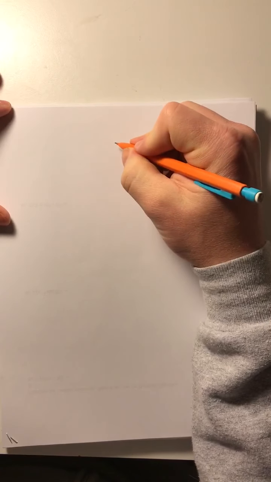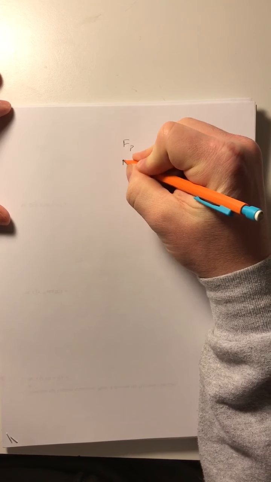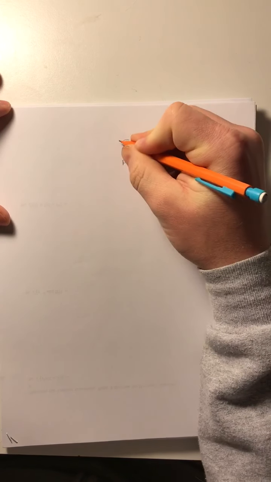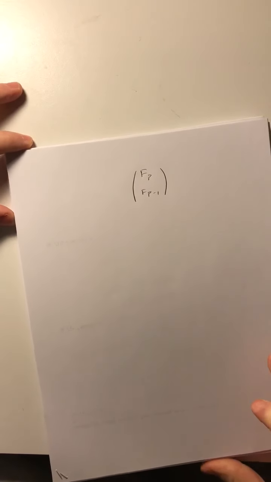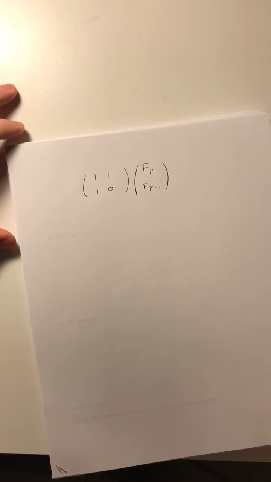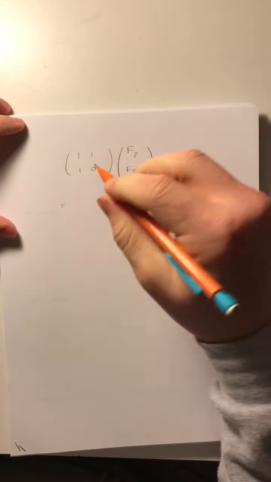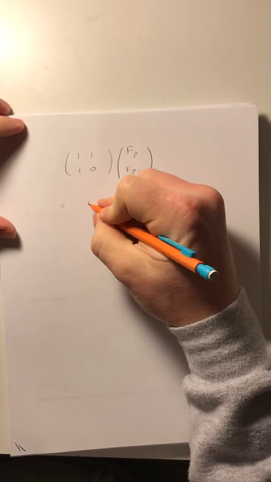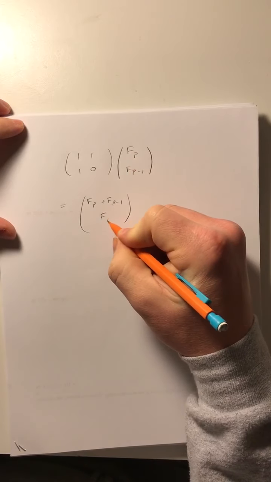So, two other interesting ways to compute Fibonacci numbers. I'll notice that if I have, let's say, Fp and Fp minus 1, and I put these in a vector, and now I do the matrix [1, 1; 1, 0] and just do this matrix multiplication, I get 1 times Fp plus 1 times Fp minus 1, and then 1 times Fp.